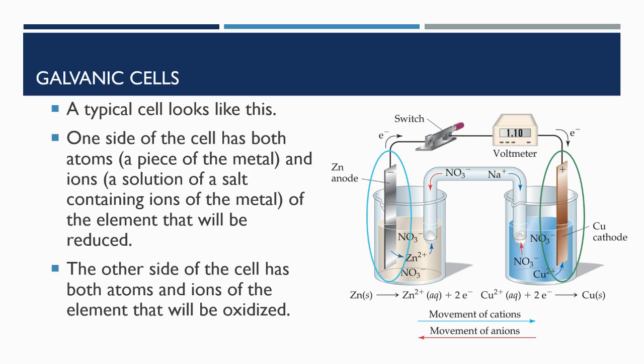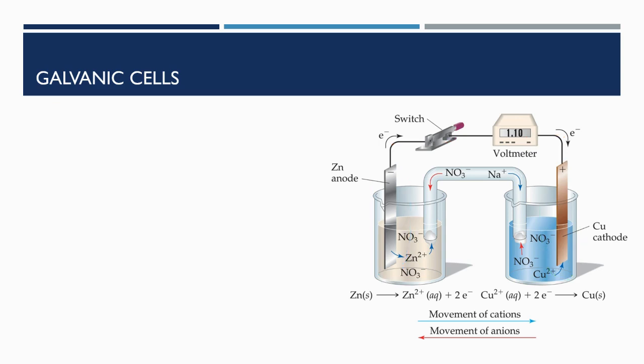And so the zinc metal and zinc ions are in one side of this galvanic cell, and copper metal and copper ions are on the other side of this cell, and they're kept separate from one another. However, they are connected by using a wire that connects the metal on the oxidation side and the metal on the reduction side. When we connect these two, this allows a path for electrons to transfer from one half reaction to the other half reaction.